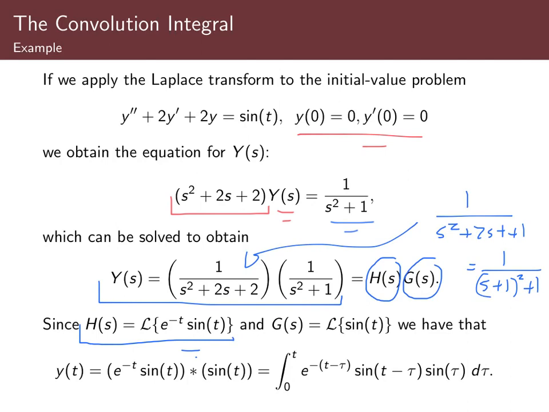And we know that g, we've already taken the Laplace transform of sine, so we know that big G, being 1 over s squared plus 1, is just the Laplace transform of sine. Then our solution y is just the convolution of these two, which is given by this integral: the integral from 0 to t of e to the minus (t minus tau) sine of (t minus tau) times sine of tau d tau.